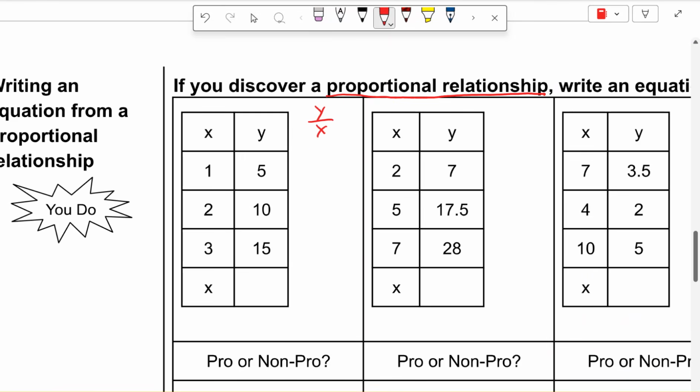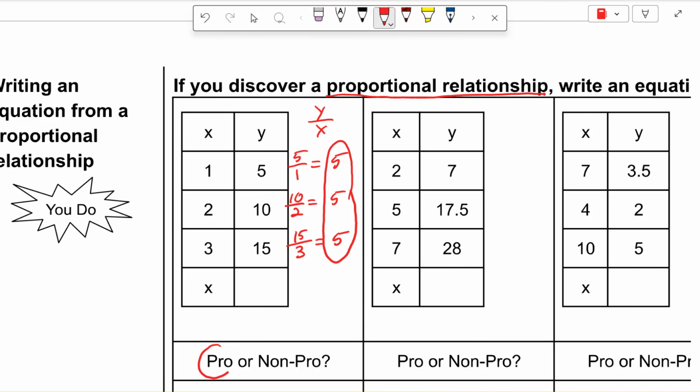divided by x. So 5 goes on top, divided by 1 is 5. So we're looking for all 5s here. 10 divided by 2 is 5. And 15 divided by 3 is 5. So all of them are 5s, and that means it is proportional.